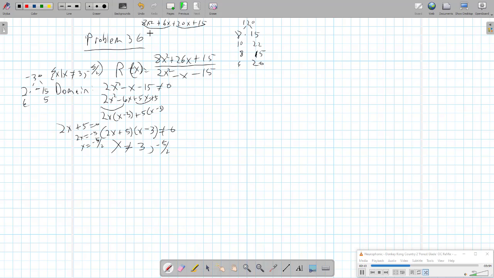Group. Pull out 2x. This is factoring by grouping, if you are not familiar. 2x times 4x plus 3, plus 5 times 4x plus 3.